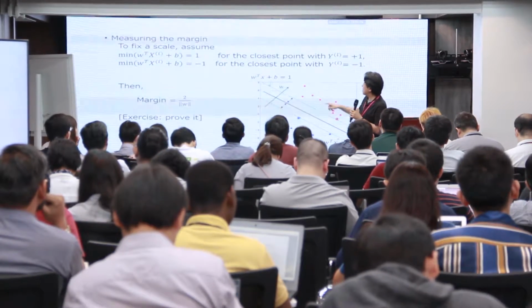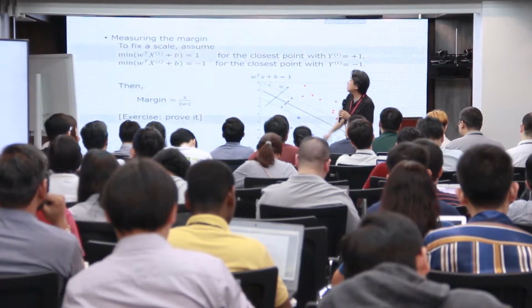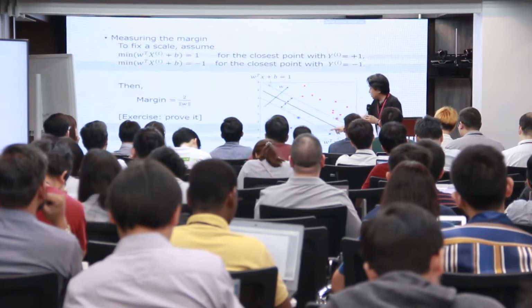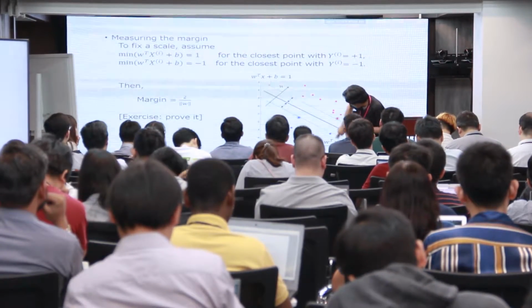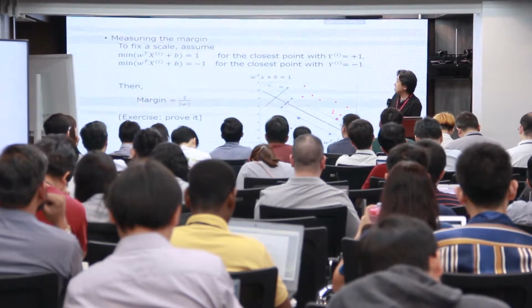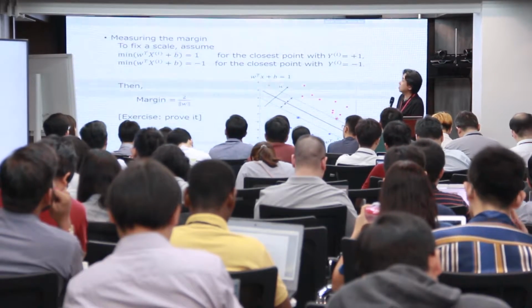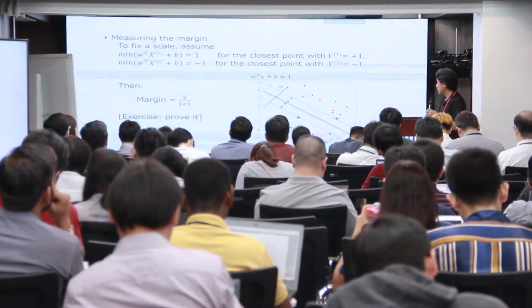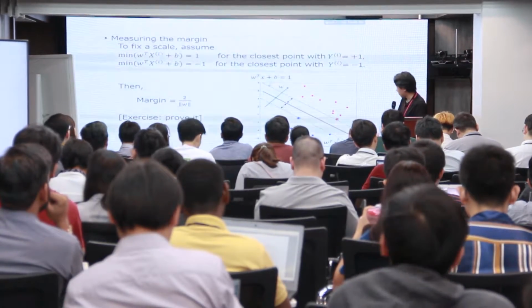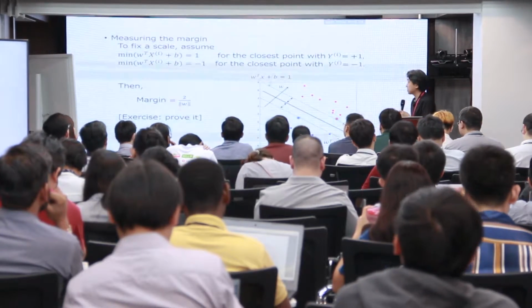And for the negative part, the hyperplane containing the nearest blue one should be given by wx plus b is equal to -1. This fixes the scale, because scalar multiplication would change this 1 and -1.